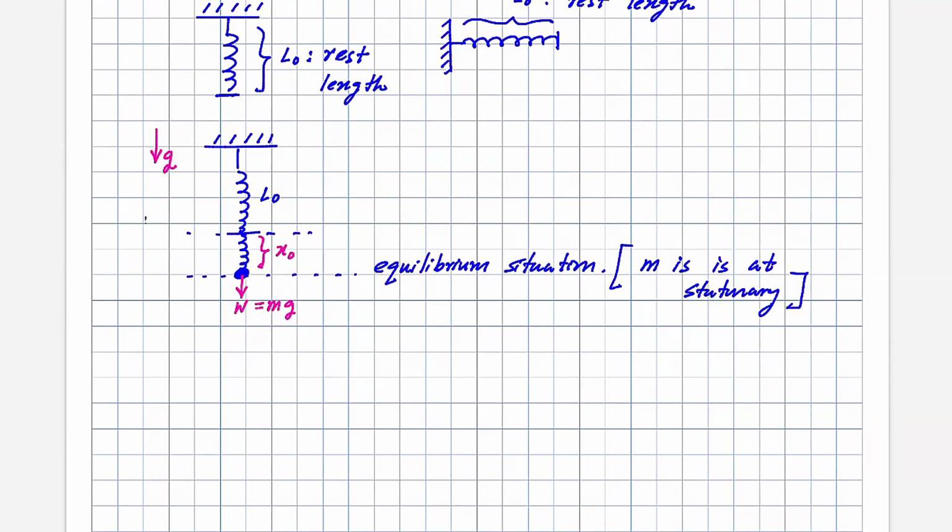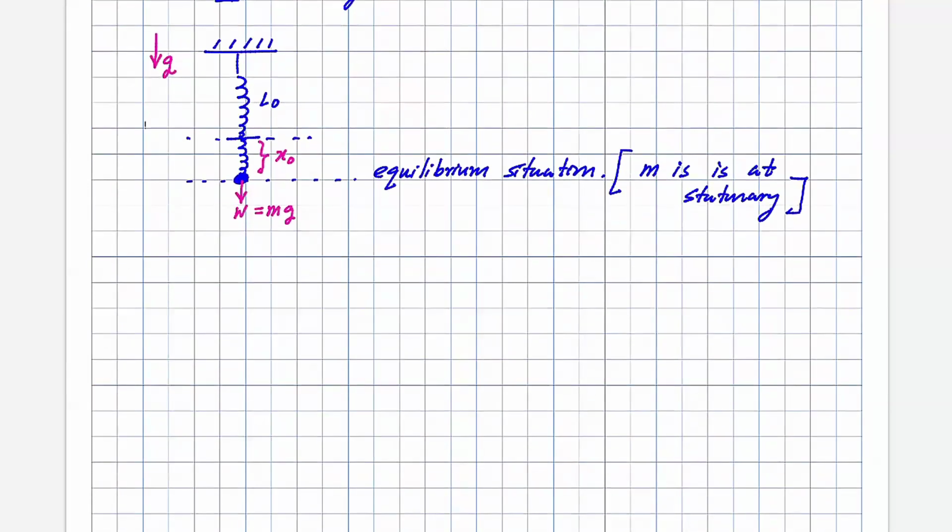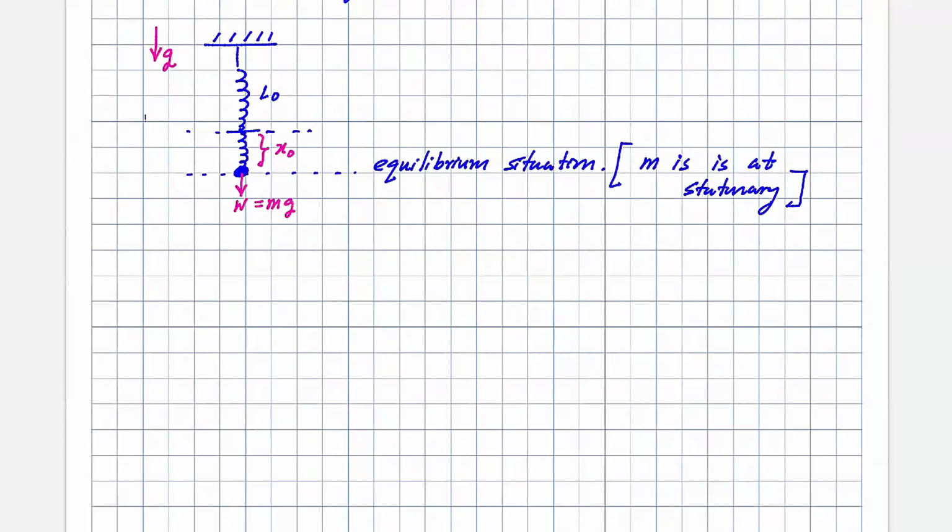Now, what researchers did, they tried to change M and observe x0, right?